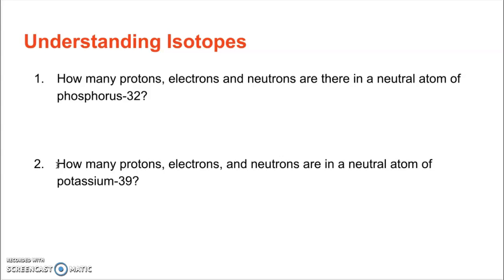Because it's a neutral atom, protons equals electrons, and I'm going to have 19 electrons as well. Neutrons is found by taking the mass number of 39, subtracting my number of protons, which is 19, and I'm going to have a total of 20 neutrons.